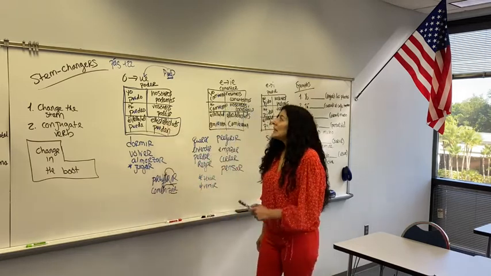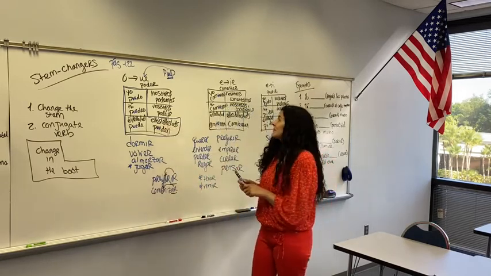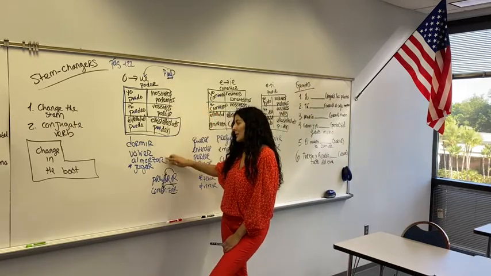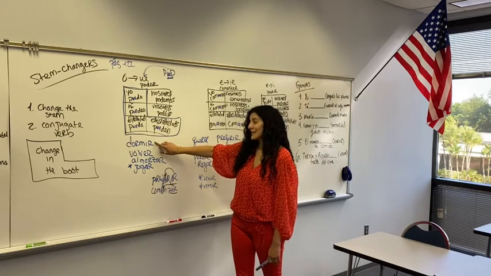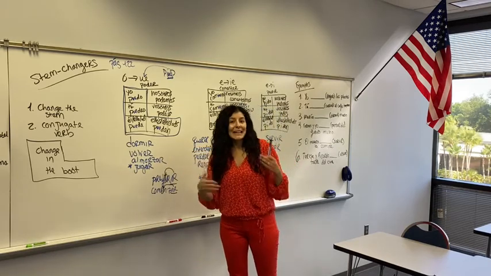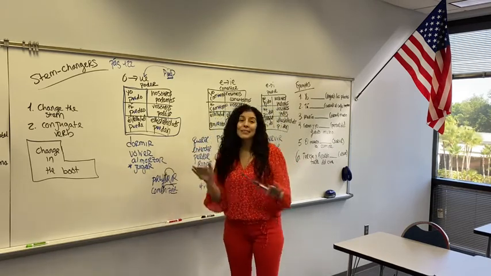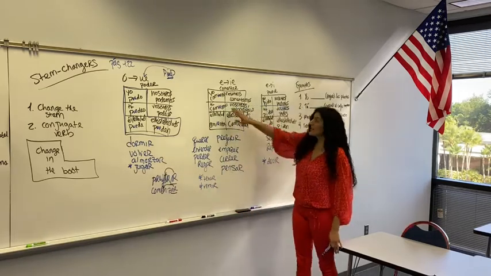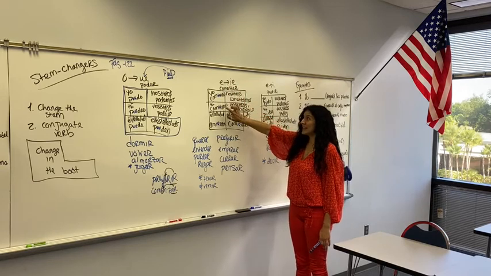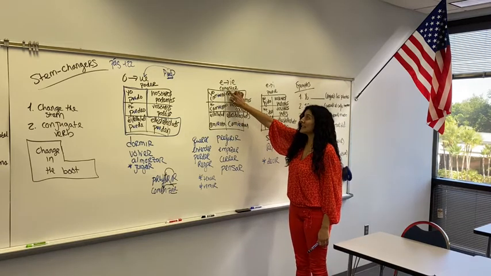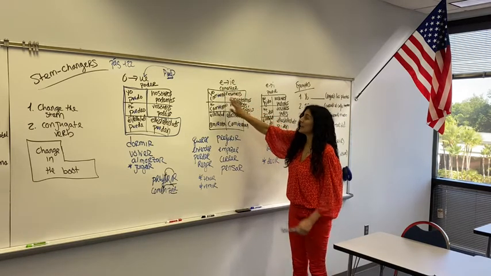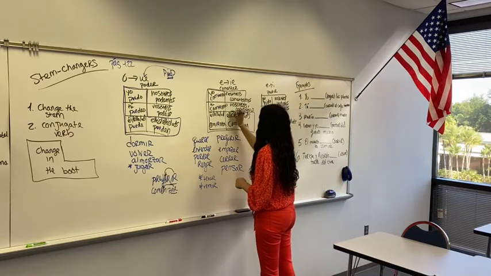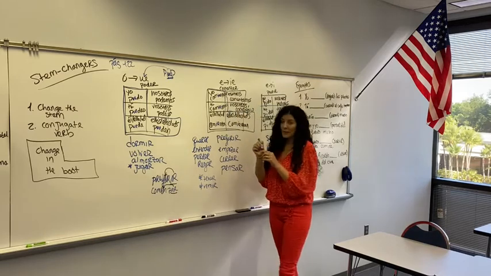Okay? It's important to note that this rule of knowing whether a verb ends in an ER, an AR, or an IR, and then adding that right ending is still going to apply. It's really, really important, because you'll see here, in the E to IE category, I've taken out this E and put in IE instead before I conjugated in the boot formation only.